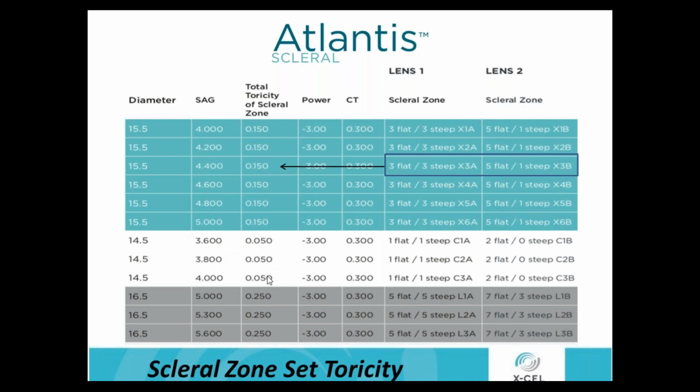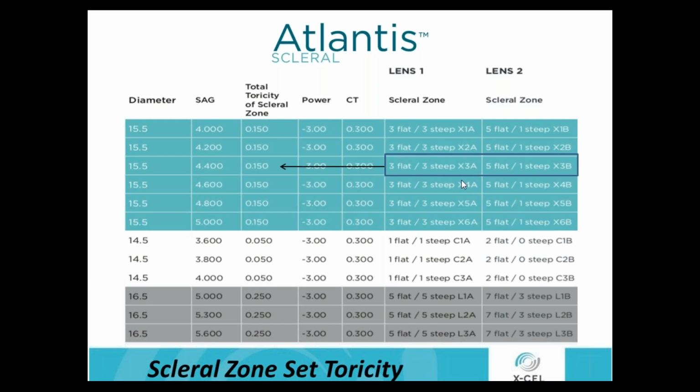And then as we go larger, we told you there's more toricity between the meridians. And you can see that in our larger diameter. So we're going up 1 millimeter, and we're now putting 150 microns of scleral toricity. So we've gone up 100 microns for a millimeter of diameter. And as we go further away from this, another millimeter of diameter increase, and we're putting on another 100 microns of toricity.